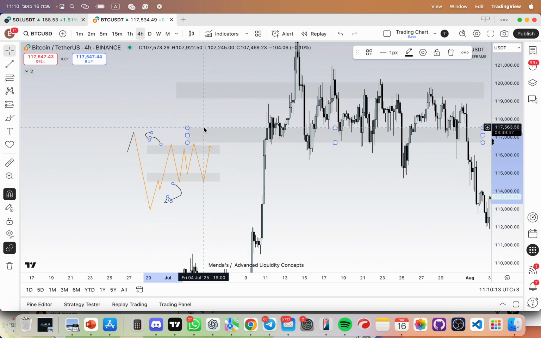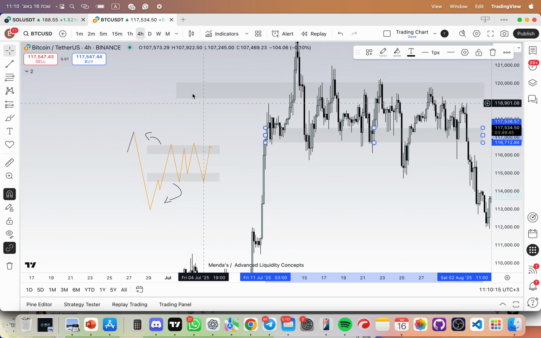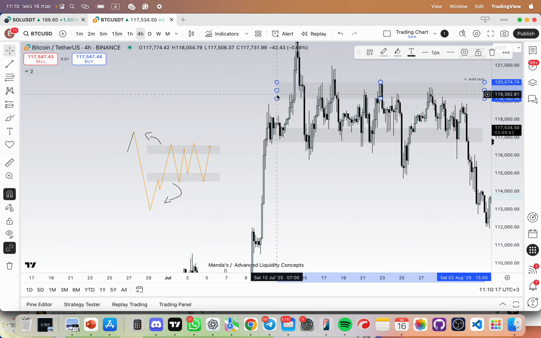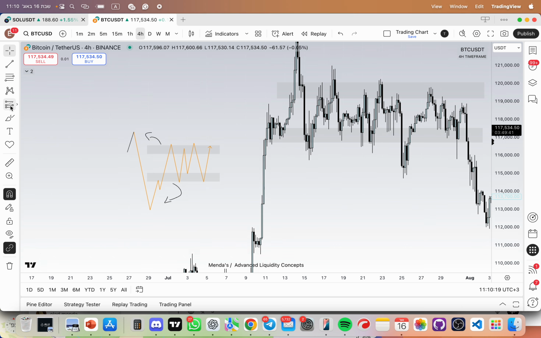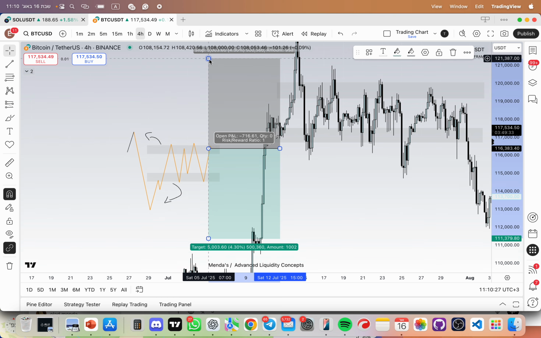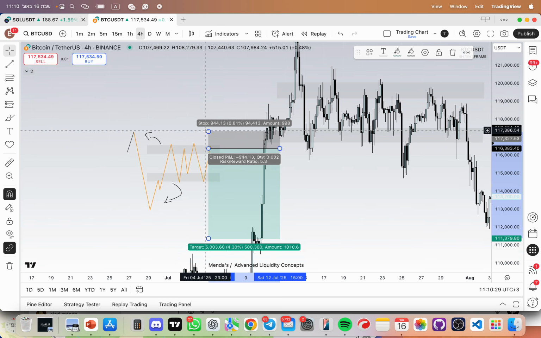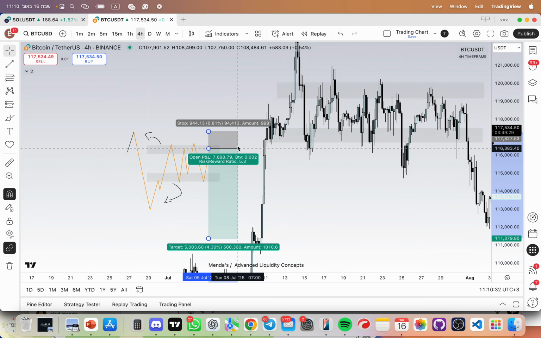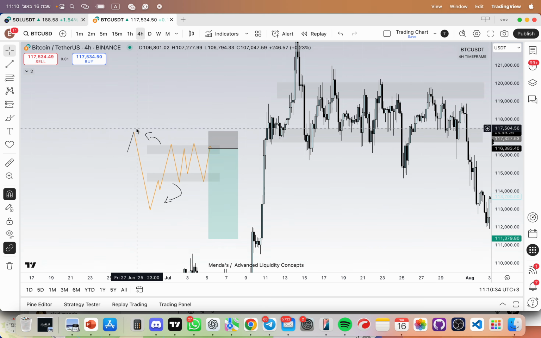So if we mark it like this, we want to understand retail positions on the map. Retail are selling the resistance. Now this would be the high, which retail refer to as the first swing high above the resistance.